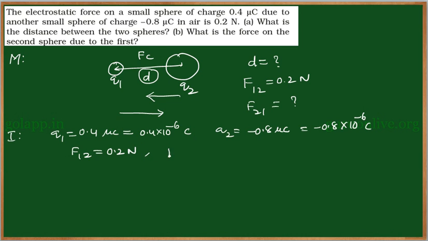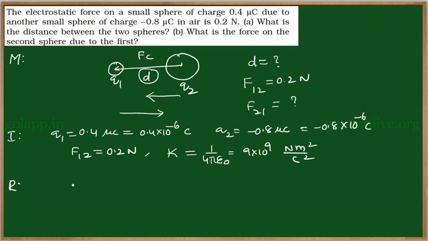So for air medium, the medium constant K is 1/(4π ε0), where ε0 is the permittivity of free space, and for air also we consider the same, with the value 9 × 10^9 newton meter square per coulomb square. So we got some values. Now we need to find our motives.